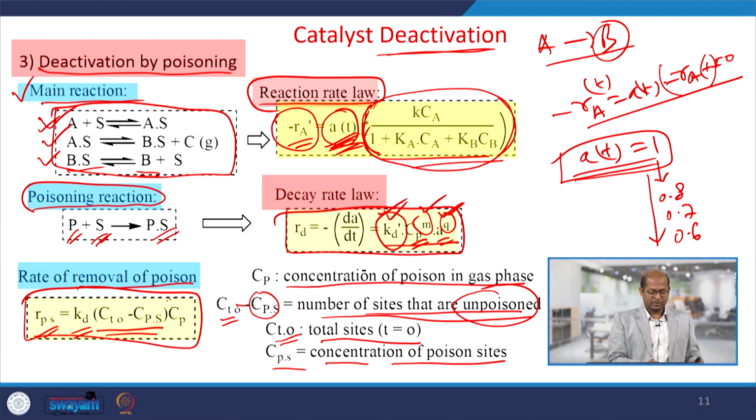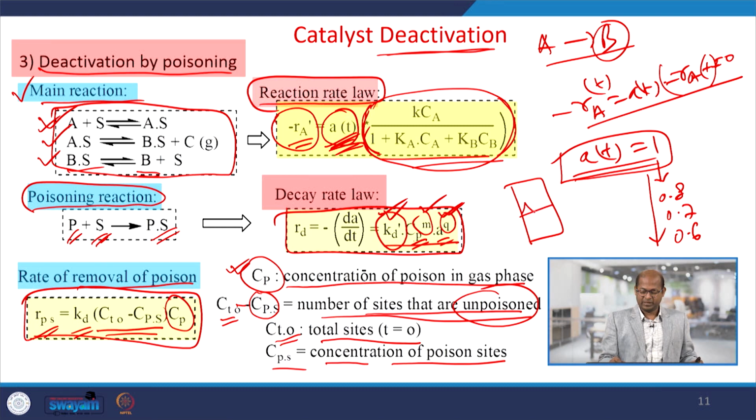Okay. And with the concentration of poison gas, which is available inside the system. So, here you can see the total number of active sites, the concentration of the unpoisoned sites available, and the concentration of the poison molecules present inside the system.